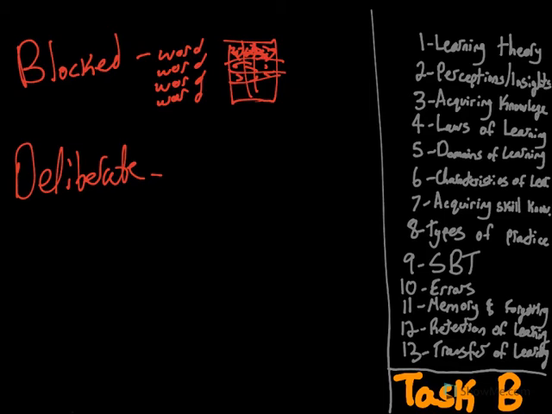Blocked practice is for that quick response, where you don't even think about it, and deliberate practice is actually understanding the ins and outs of the skill and how it affects the outcome. So deliberate practice is going to involve feedback, typically from your instructor, of course, and we work with it from there.